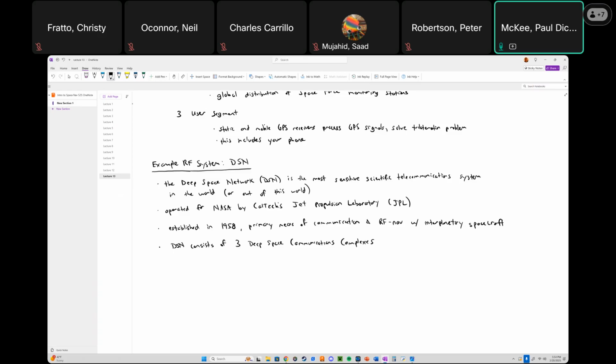These are going to sound super arbitrary, but bear with me here. One of these is in Goldstone, California. So think Mojave Desert. Another one is in Madrid, Spain. And the third one is in Canberra, Australia.